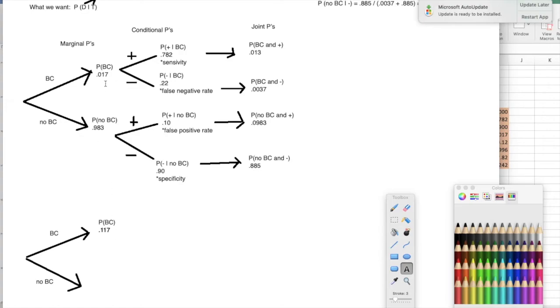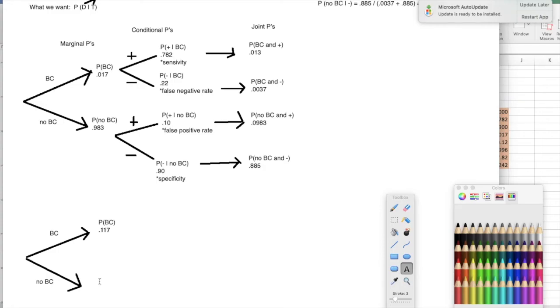Boom. Because we started with just our prevalence data because that's the only prior that we had. But now we have a different prior because this person has already got a positive test under their belt. We add that information to our prior, and their probability increased to 11.7%. So that becomes our new probability of them having breast cancer.